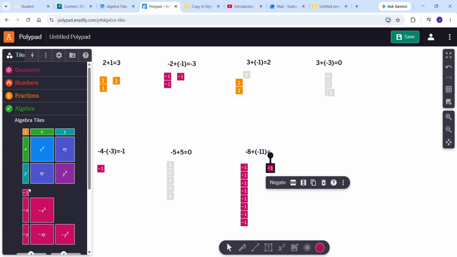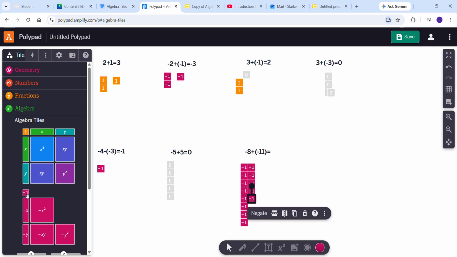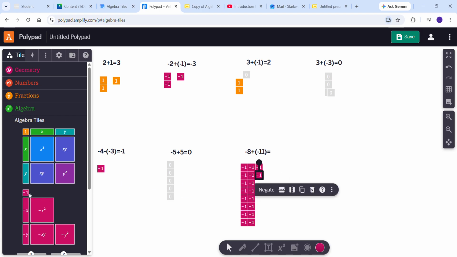Boom. So it's 1, 2, 3, 4, 5, 6, 7, 8, 9, 10, and 11.